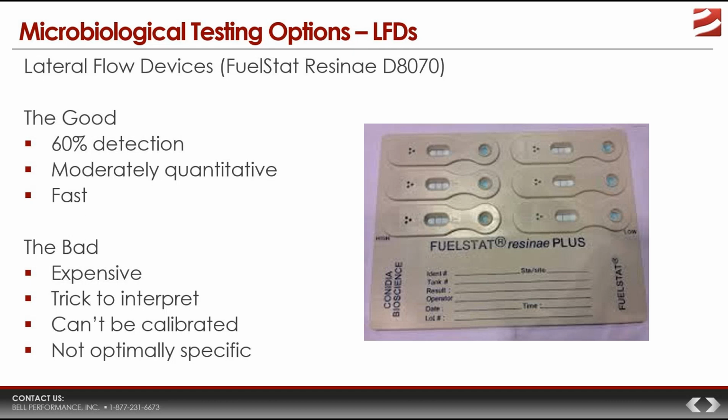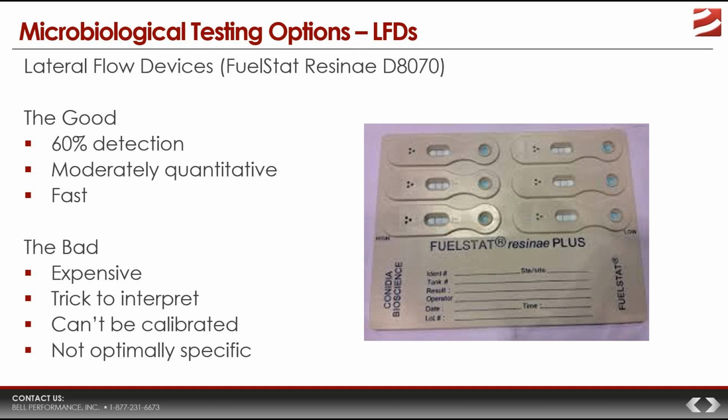Now, at its best, LFDs can detect about 60% of the microbes, which is a huge improvement over culture tests, basically 600 times more accurate. And because it gives us a low, medium, high reading on these different kinds of microbes, we would classify LFDs, lateral flow devices, as moderately or somewhat quantitative, which again is a step above the indicator culture tests.